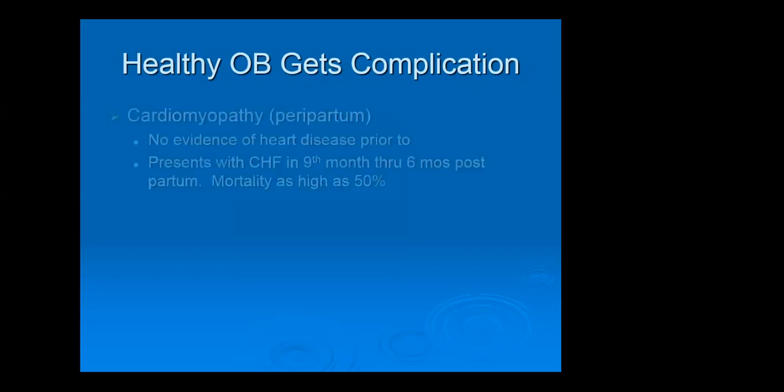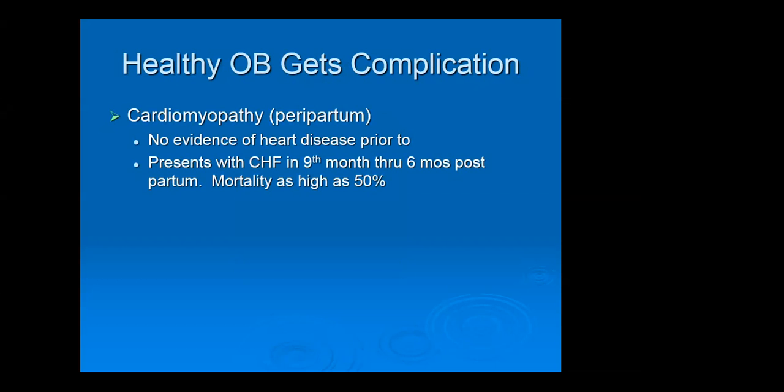Our complications of pregnancy are, again, when a healthy OB patient gets complicated. There may be a cardiomyopathy. The patient doesn't have any evidence of heart disease prior to the pregnancy, but now around the 9th month through 6 months postpartum, they find themselves with symptoms of CHF, and that congestive heart failure can have a mortality as high as 50%.